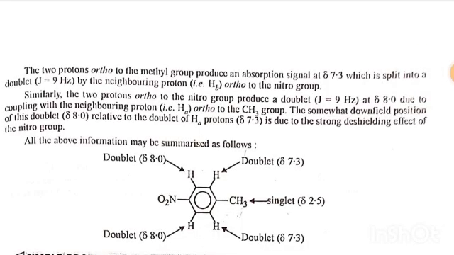Similarly, the 2 protons ortho to the nitro group produce a doublet, J equals 9 Hz, at delta 8.0 due to coupling with the neighboring proton, that is HA, ortho to the CH3 group. The somewhat downfield position of this doublet at delta 8.0 relative to the doublet of the HA proton at delta 7.3 is due to the strong deshielding effect of the nitro group.